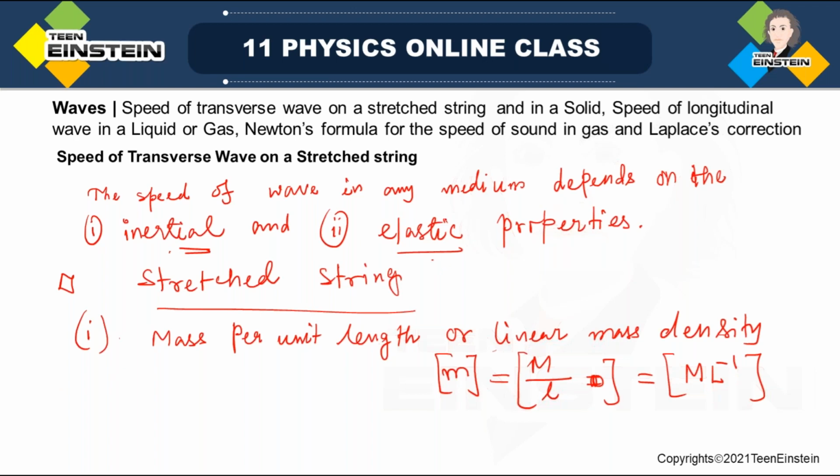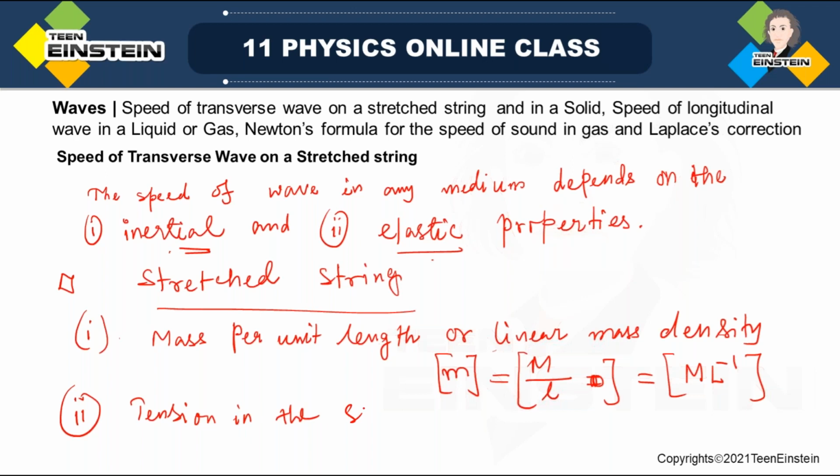Now, how are the elastic properties taken care of in the case of a straight string? That is with the tension in the string. If the string is not elastic, you will not get any tension in that, because it will break easily.